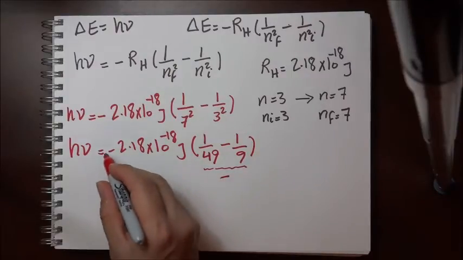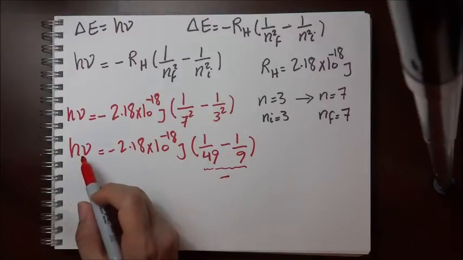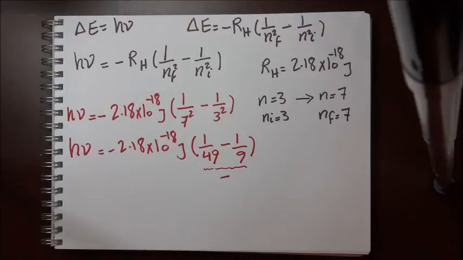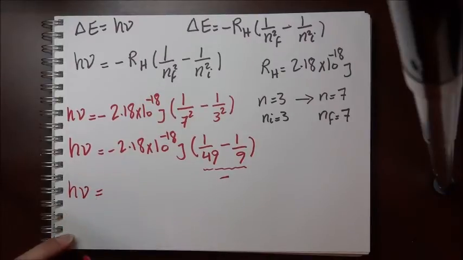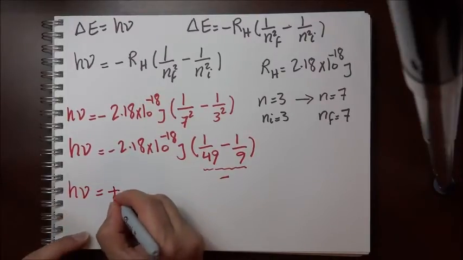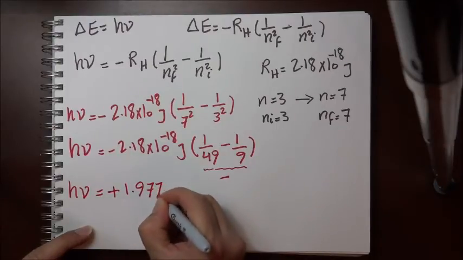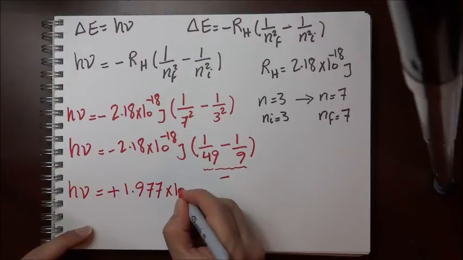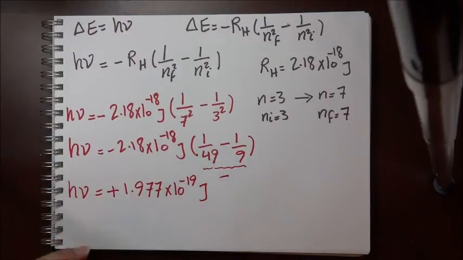So negative multiplied by negative is going to be positive, and h nu will be equal to a positive number. And it has to be positive because h is a constant number and the frequency always has to be a positive number. We cannot have a negative frequency. So h nu will be equal to plus 1.977 multiplied 10 to the minus 19, and the unit for it is joule.